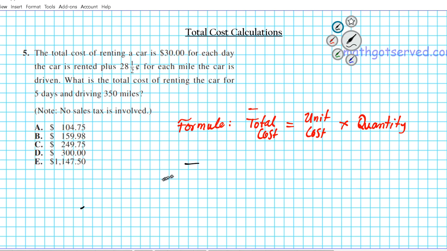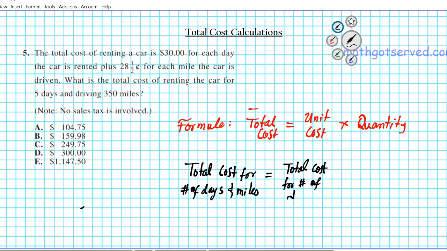The total cost for number of days and miles as a composite total cost is going to be the total cost for number of days plus the total cost for miles driven.